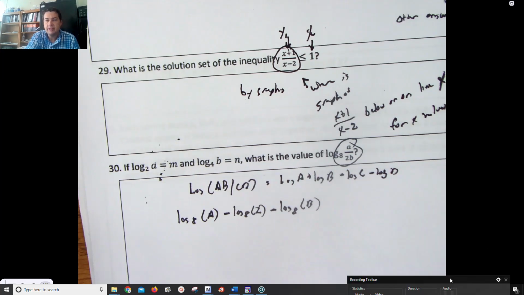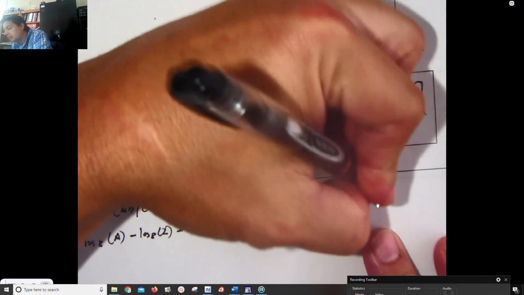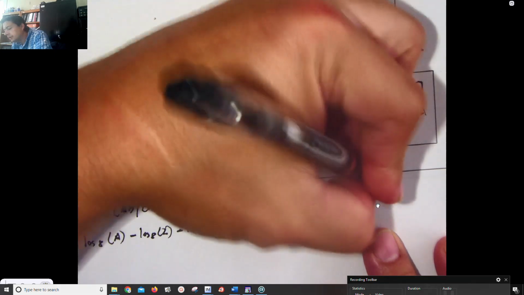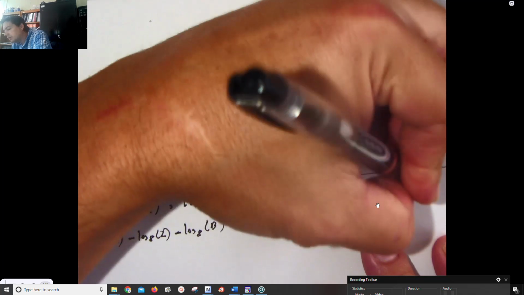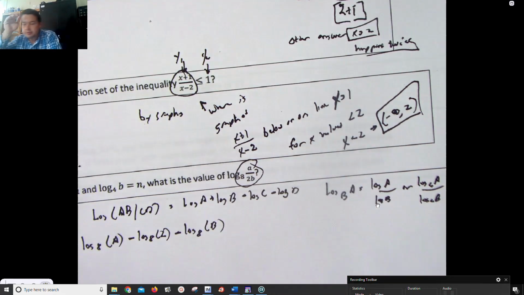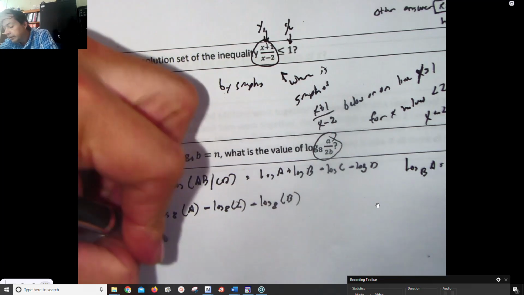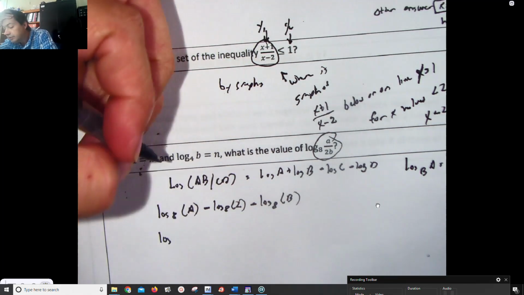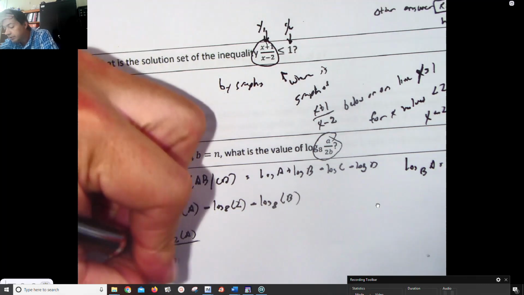All right, now what's the next line on this thing? The next line also invokes a rule. Log base b of a is log of a over log of b. Or it's log base c of a over log base c of b. There's some more to it too. But anyways, I can rewrite this logarithm as log base 2 of a over log base 2 of 8.